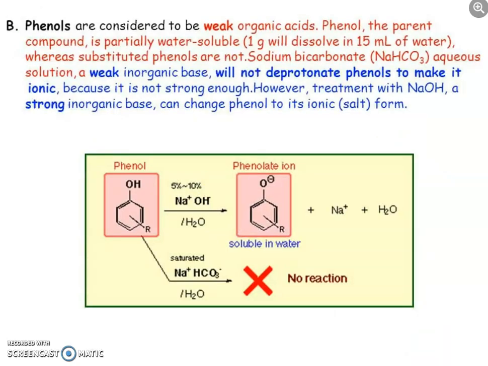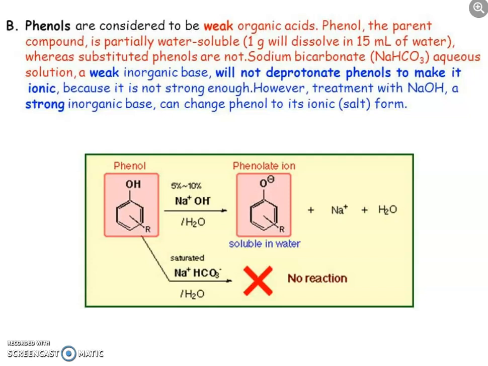Phenols are considered to be weak organic acids. Phenol, the parent compound, is partially water soluble: 1 gram will dissolve in 15 grams of water. Whereas substituted phenols are not. Sodium bicarbonate, a weak inorganic base aqueous solution, will not deprotonate phenol to make it ionic, because it is not strong enough.